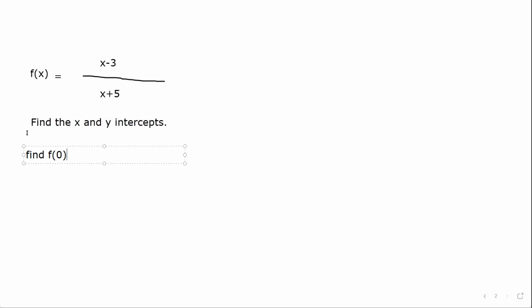I can find f of 0. Am I going to write 0 equals x minus 3 over x plus 5? Am I going to write that?